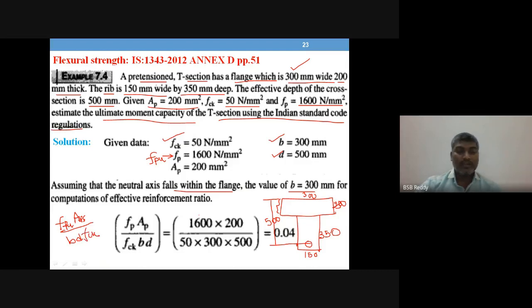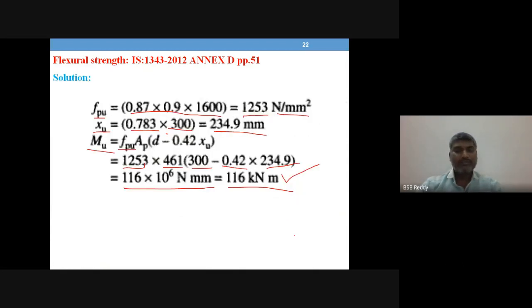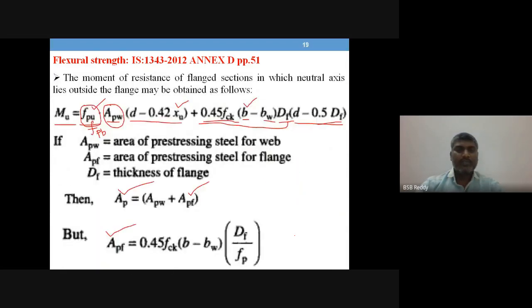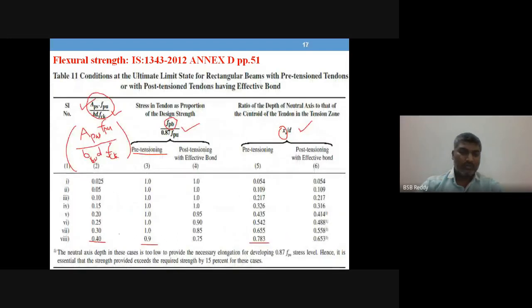Okay, so what is FPU? 1600. AP, I mean APS, both are same, 200 divided by FCK 50, B 300, D 500. It is 0.04. So go to table 11, 0.04. It is almost 0.05.